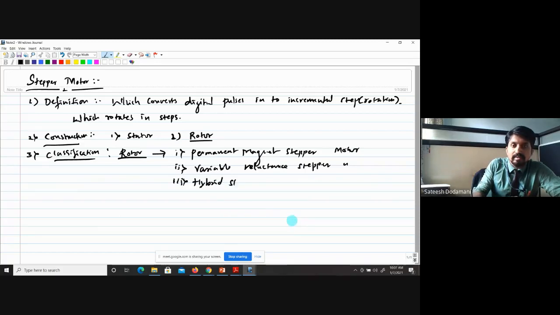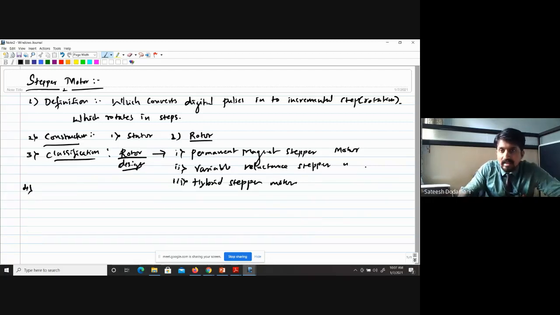These are the types available based on the rotor design or rotor construction. For your syllabus, the variable reluctance stepper motor is there.